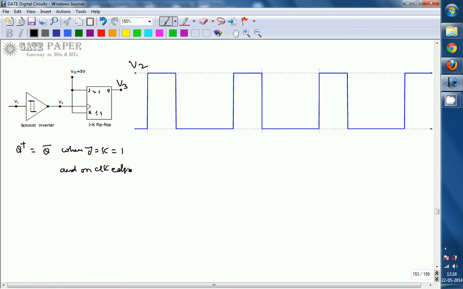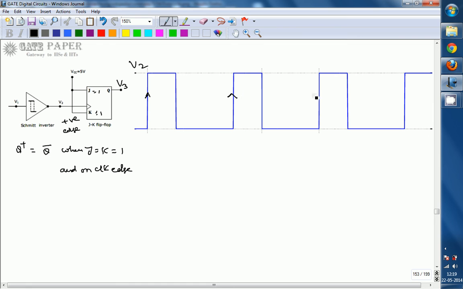Only when the clock edge occurs will the output be the complement of the present state. Check whether this JK flip flop is positive edge triggered or negative edge triggered. There is no bubble at the clock, which implies it is positive edge triggered. So we have to indicate the positive edges, which are 0 to 1 changes.